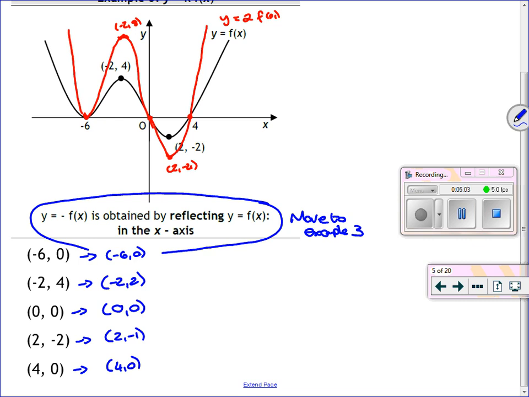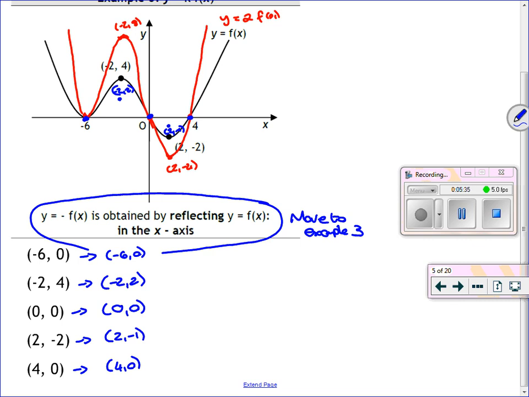So let's plot those points then. So we have minus 6, 0 staying here. Minus 2, 4 goes to minus 2, 2. 0, 0 stays as is. 2, minus 2 goes to 2, minus 1. And 4, 0 stays as 4, 0.